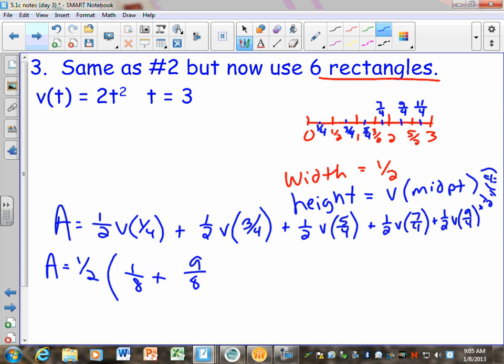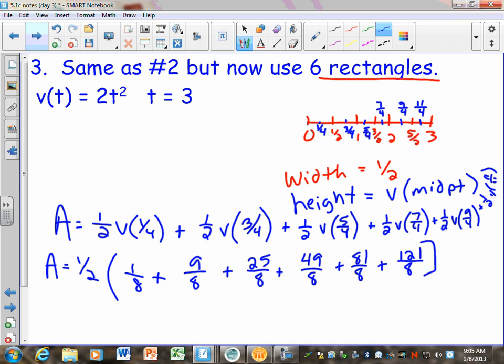You follow me where I'm getting these numbers? We're going to square this and then multiply by 2 every time. So 25/16, and that's going to be 25/8. And then that's going to be 49/8. And then 81/8. And then, what was my last one? 121/8.